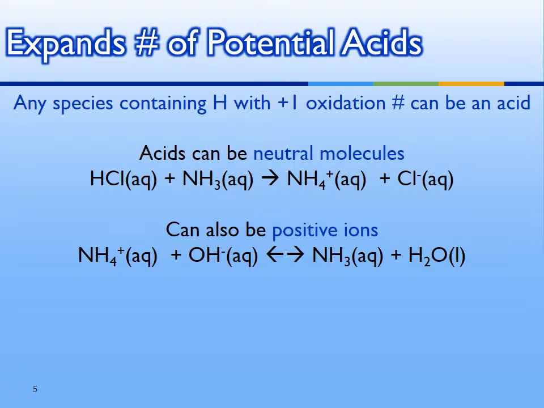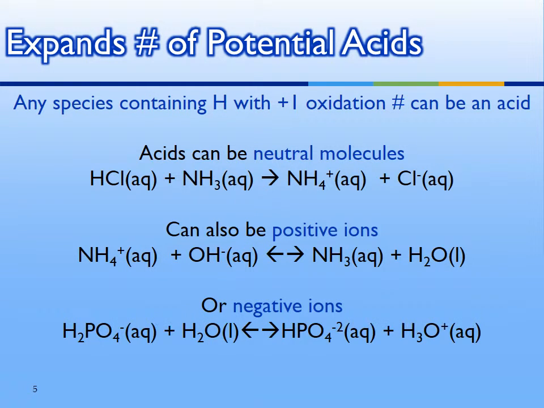They can also be positive ions, such as the ammonium ion reacting with the hydroxide ion to provide the formation of ammonia and water. Or they can be negative ions. It could be the dihydrogen phosphate ion that donates a hydrogen ion to water and becomes the monohydrogen phosphate ion, and water becomes the hydronium ion.